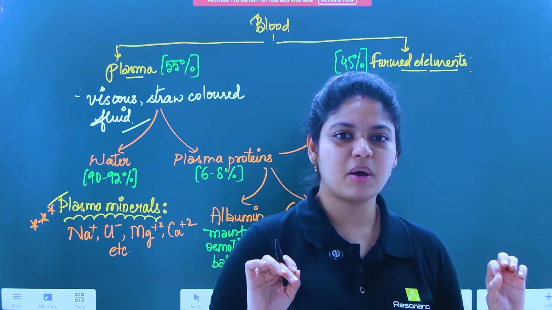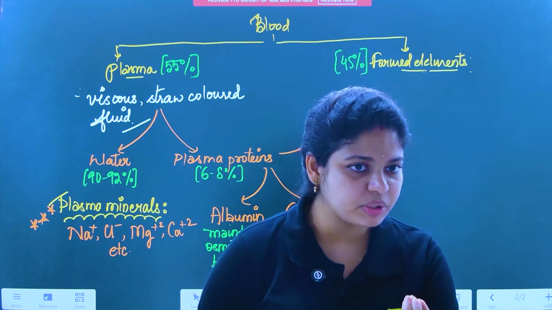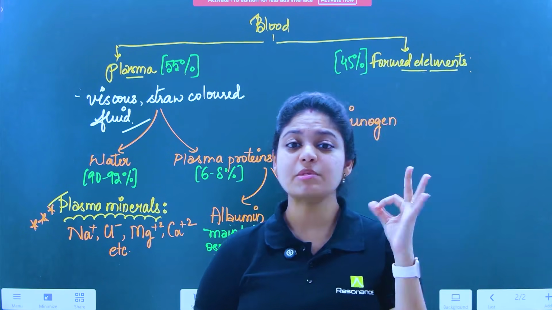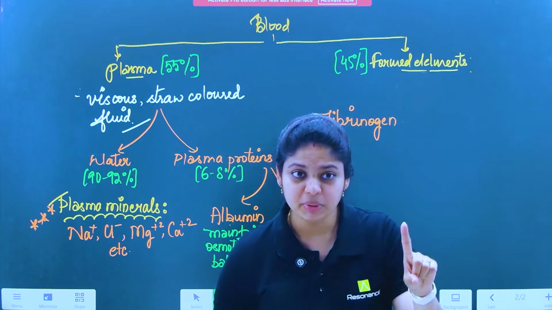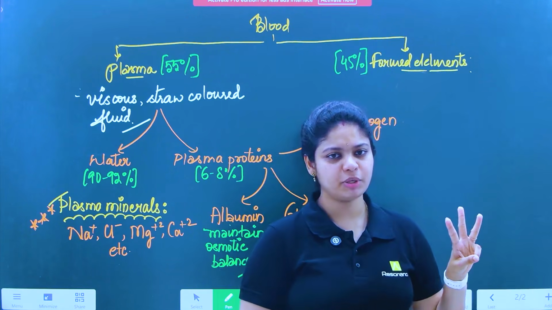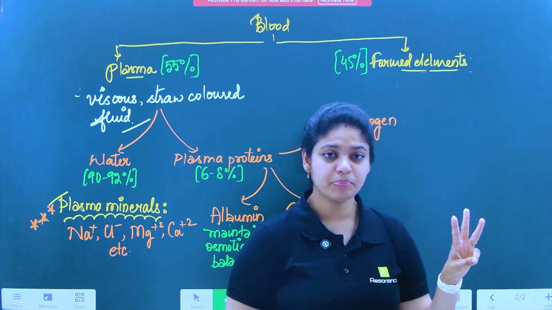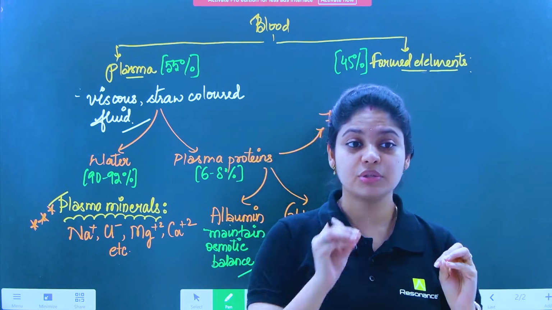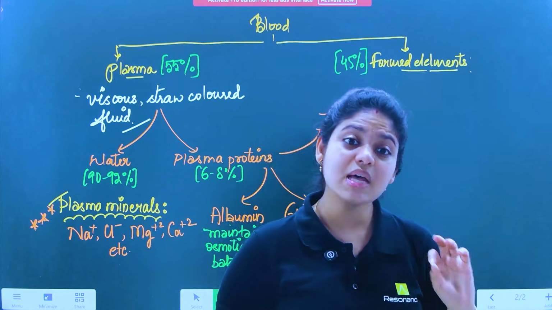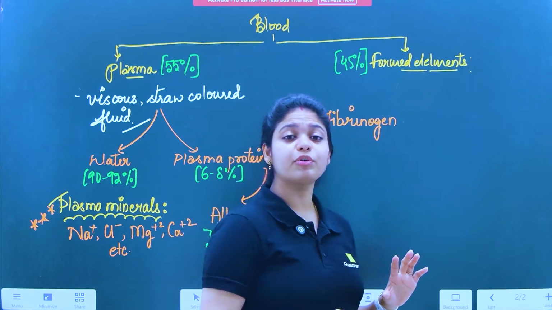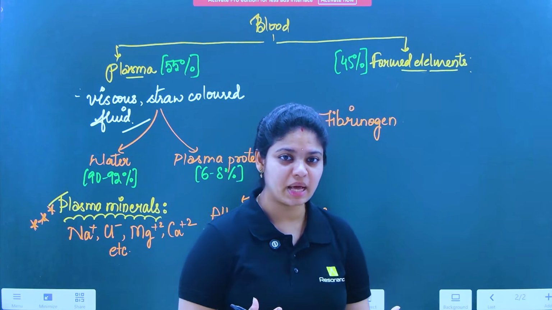In our plasma, we are having certain plasma proteins. There are three types of plasma proteins: albumin, globulin, and fibrinogen. What is the function of each one of them? Talking about the first one, albumin is for the maintenance of the osmotic balance.